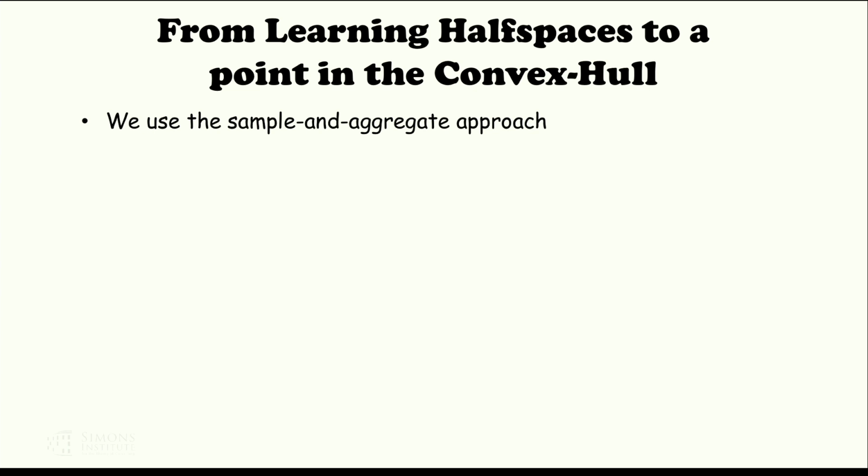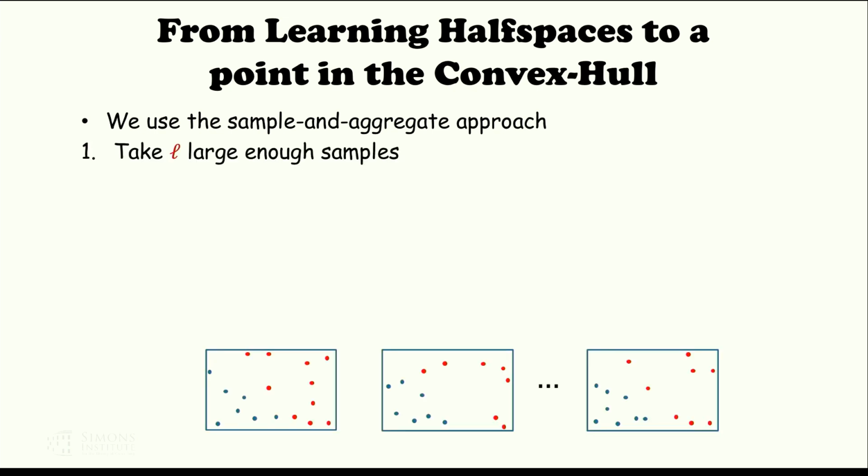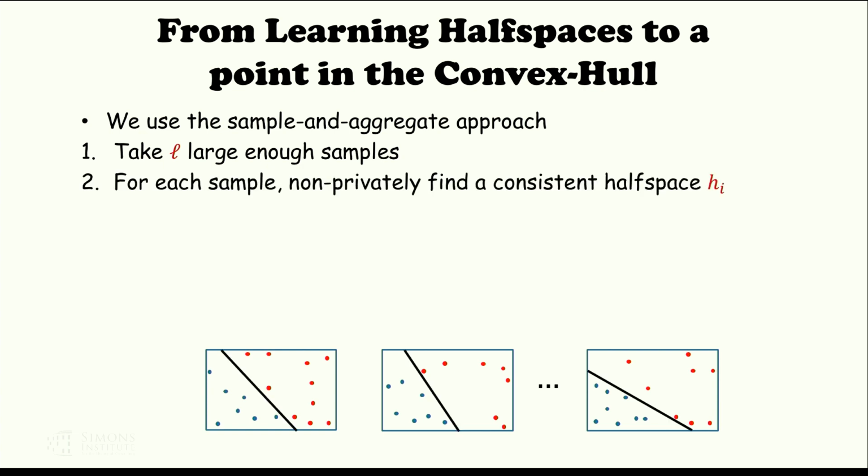So how does our reduction work? We use the sample and aggregate approach. So we take L large enough subsamples, and for each one, non-privately, we find a consistent half space for this subsample. So after step 2, we have L half spaces, one for each subsample.